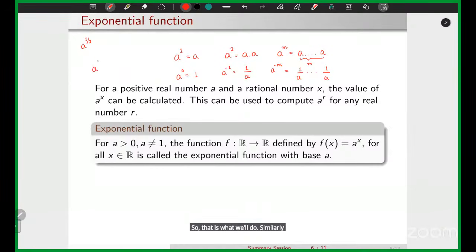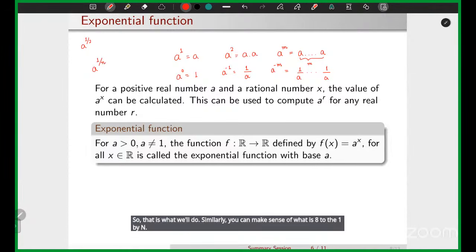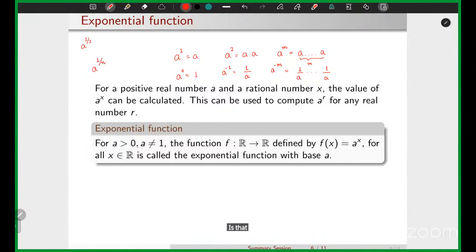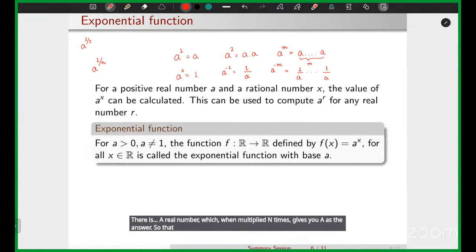Similarly, you can make sense of what is a to the 1 by n. Is that okay? Irrespective of what n is, as long as it is positive, there is a real number which when multiplied n times gives you a as the answer. So that is called a to the 1 by n. This much is known.